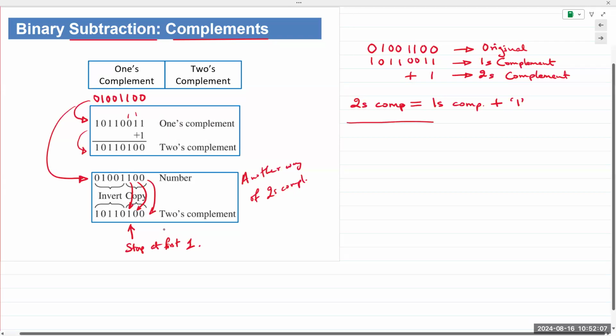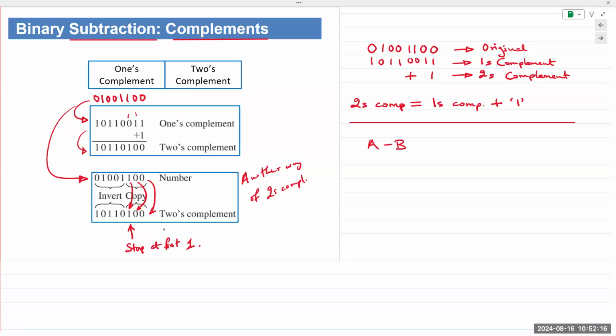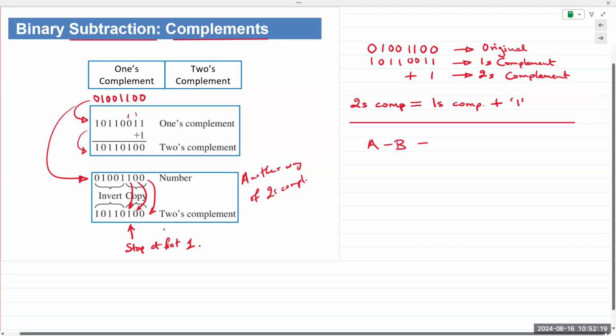Let me summarize it here. Let's say we wish to subtract 2 numbers, A minus B. We would write A as it is.